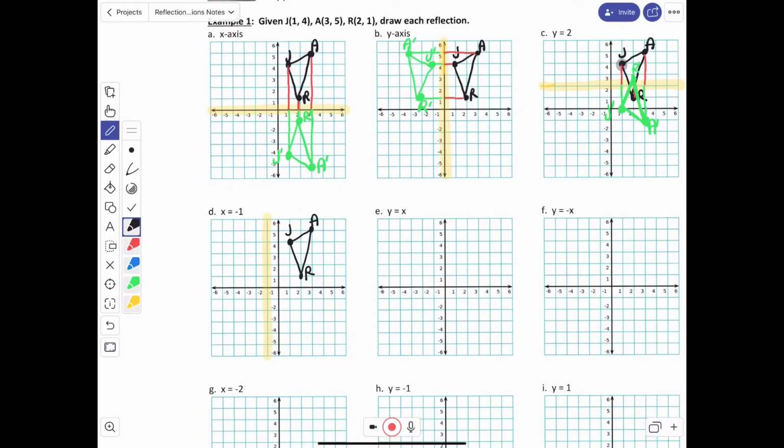J is 2 units away, so we would go 2 units away. There's the new J. R is 1, 2, 3 units away, so we go 1, 2, 3 units away. And A is 1, 2, 3, 4 units away, so we go 1, 2, 3, 4 units away.